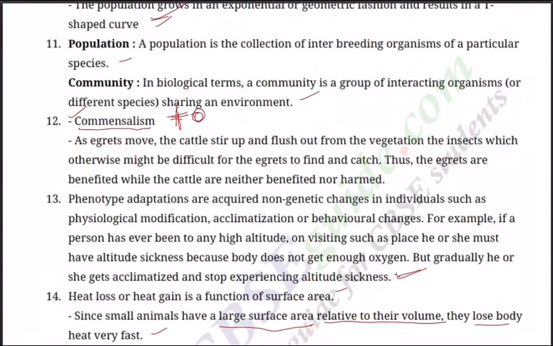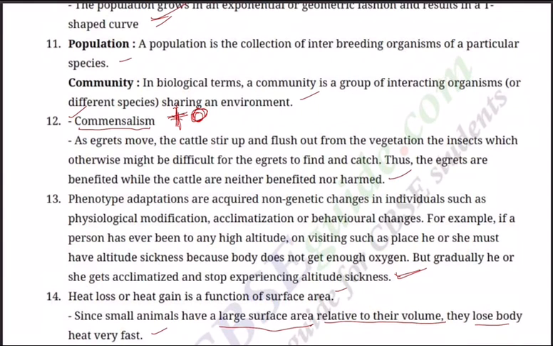So egret birds are getting the benefit of food free of cost. That is plus. Whereas the animals like buffaloes and cows have neither benefit nor harm. So it is plus and zero. Whenever there is a plus and zero, that is commensalism. Thus, egrets are benefited while the cattle are neither benefited nor harmed.